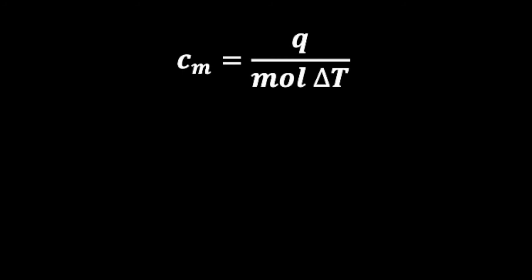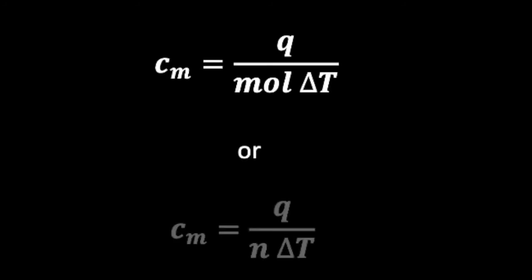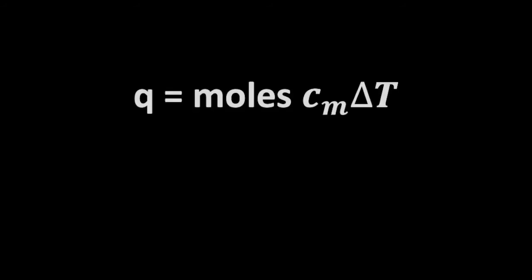C subscript little m equals Q over mole delta T. And we could either write the word mole in there, or we could substitute N, which is the symbol for moles. You can also rearrange this equation to solve for the heat absorbed or given off. And you will get Q equals NC delta T. "N-C-A-T?" Okay, well, that works too.